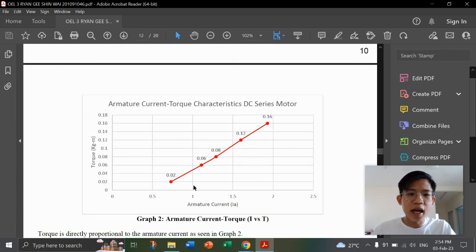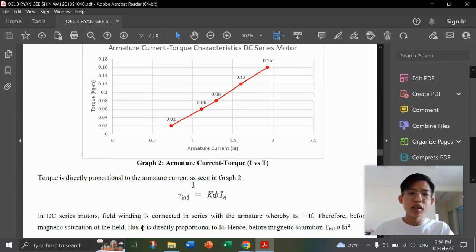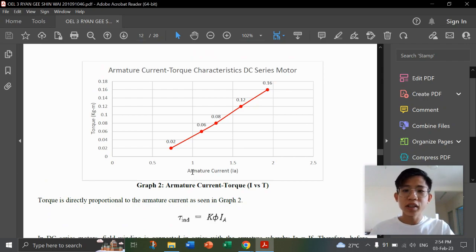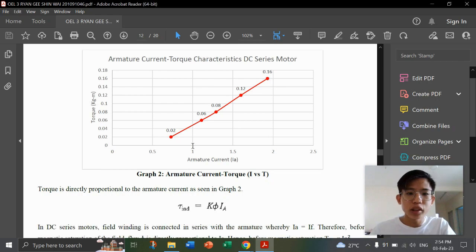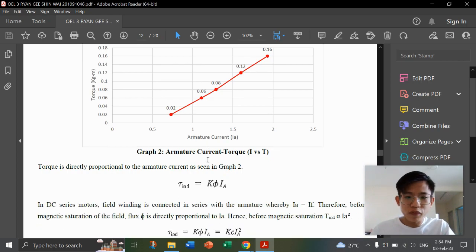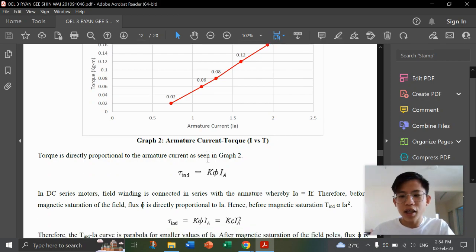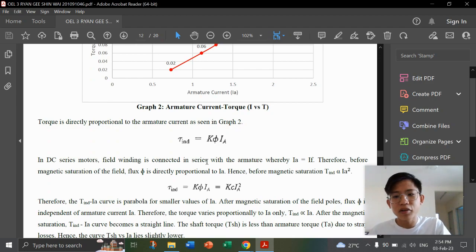Next, we talk about the armature current and torque relationship. The armature current and torque of this DC motor are directly proportional, because of the formula T induced equals flux multiplied by armature current. As your armature current increases, your torque increases as well.